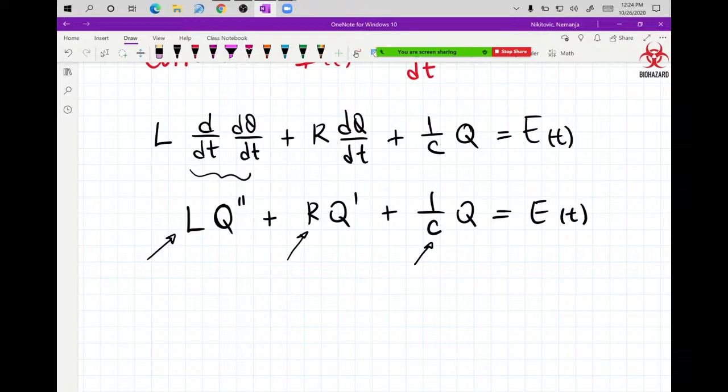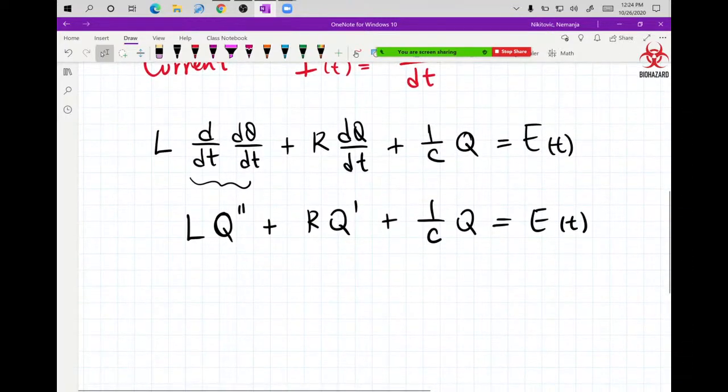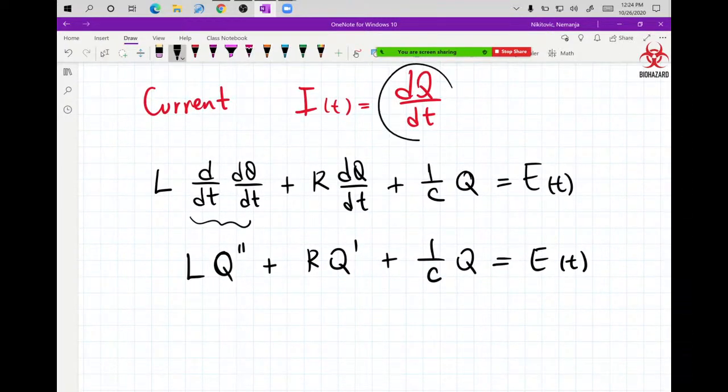Now, generally, we don't care about charge. We want to care about the current. So there is a little trick that we can use to transform this into a current equation. Please recall that dq/dt is current.